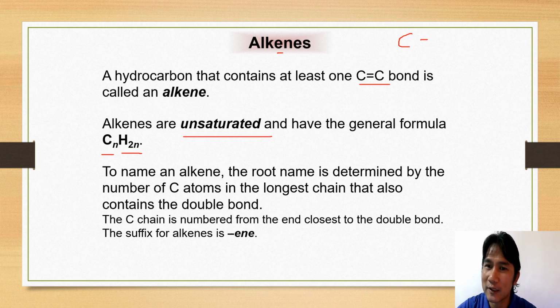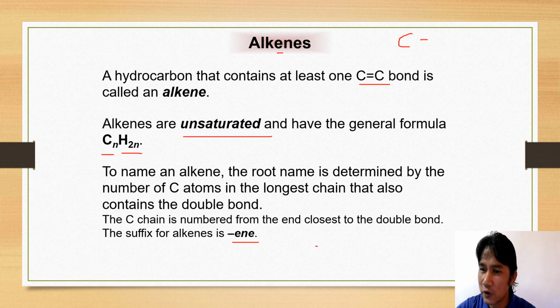But for alkene, okay, CnH2n only. And alkene ends with ENE. For alkane, it ends with ANE. Alright? For alkene, the simplest molecule, there must be 2 carbon atoms.